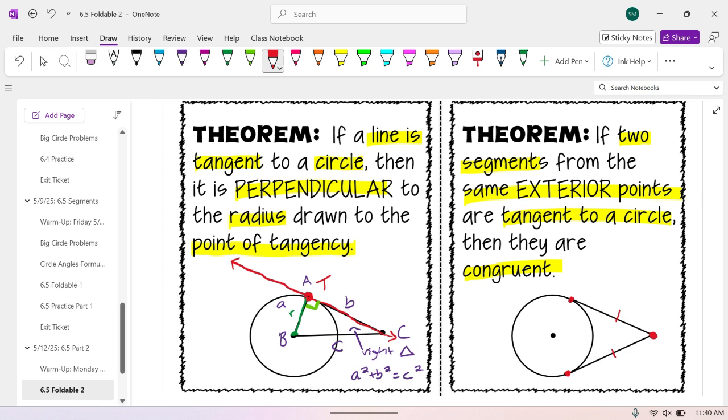Now, to expand upon that a little bit, if I drew radii from each of the points of tangency, what happens to those angles right here and here? Based off of our last theorem, they're now what?